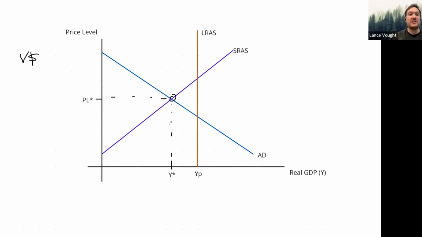When you buy stuff in those countries, or even import something from those countries, there's a two-step process. The first is that you have to take your dollars and convert them to the currency in which you're buying the product, and then pay the price in that currency. For instance, let's say you go to Europe and you see something that is 10 euros.